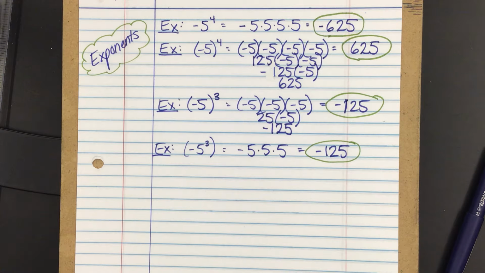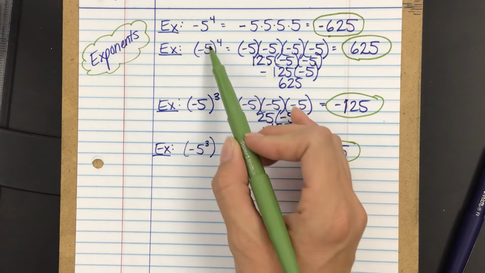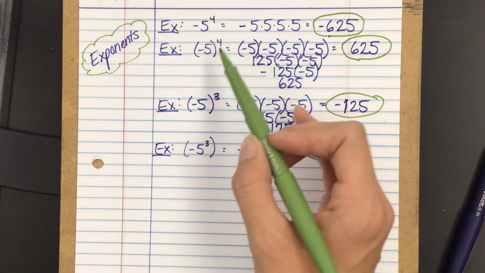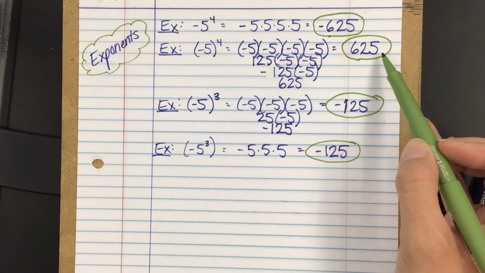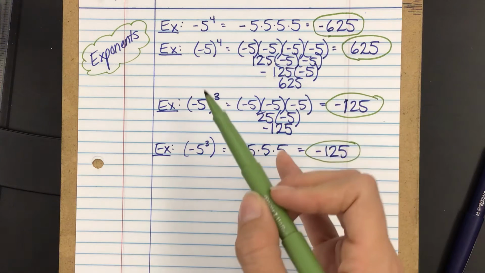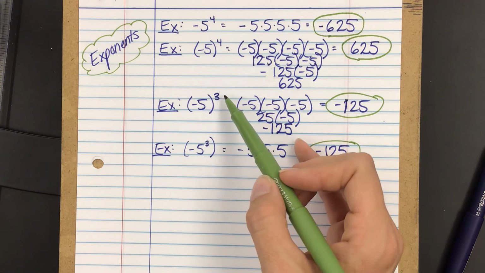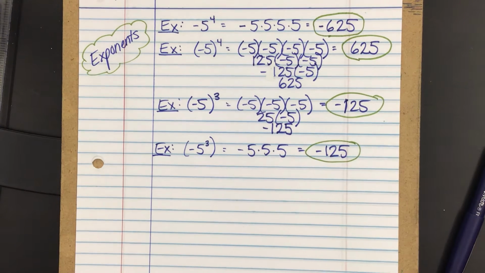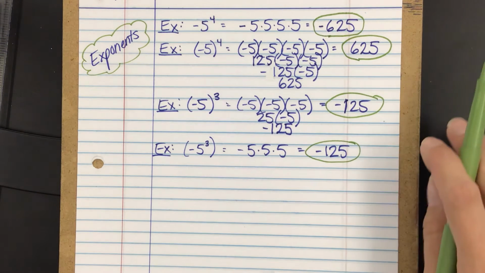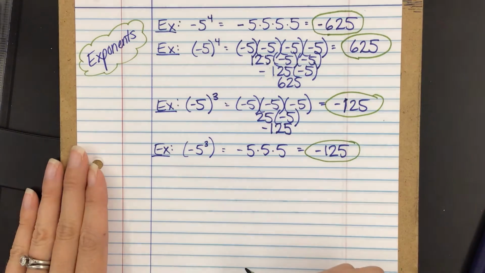Yes, that's exactly what I was going for. Okay, so when the negative is in parentheses like this, if the exponent is even, you get a positive solution. When the negative is in the parentheses here and the exponent was odd, you got a negative solution. Okay, so let's go ahead and put a note about that.